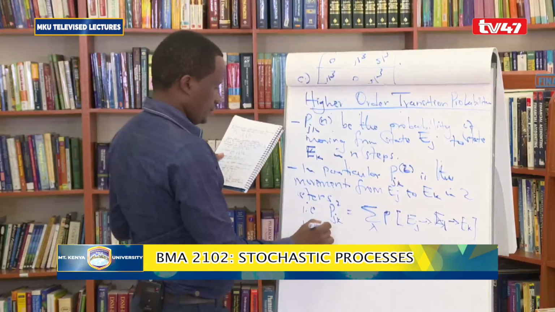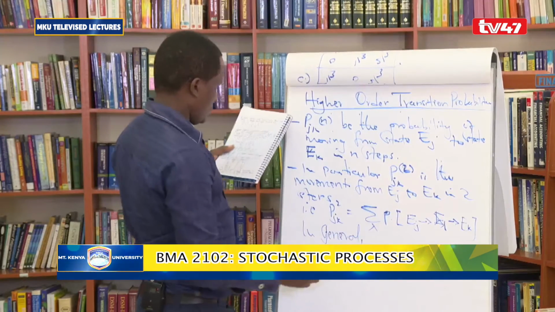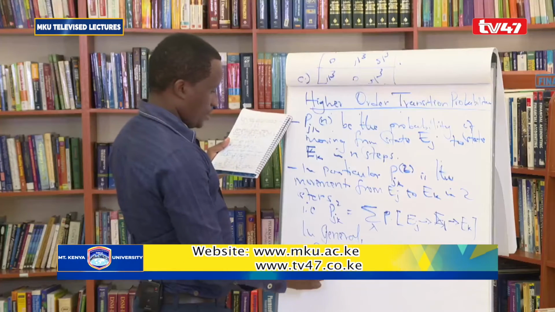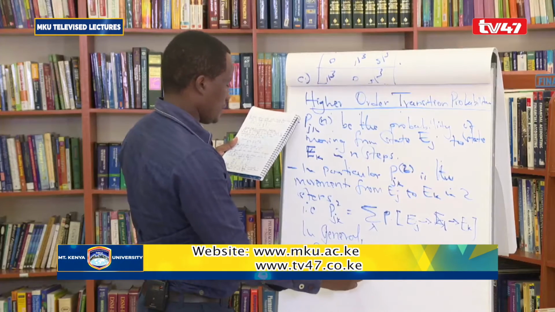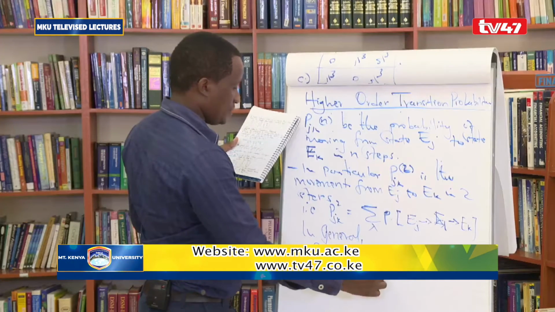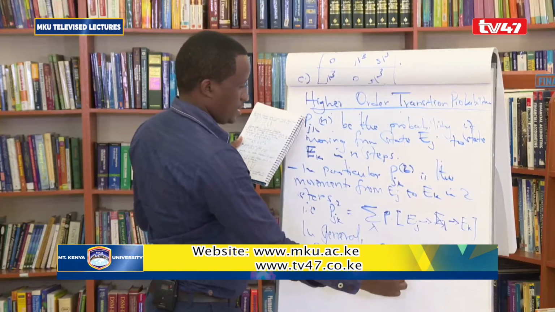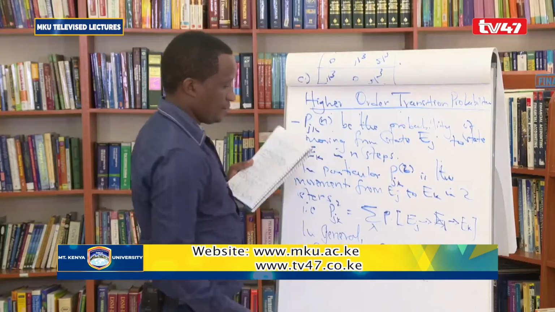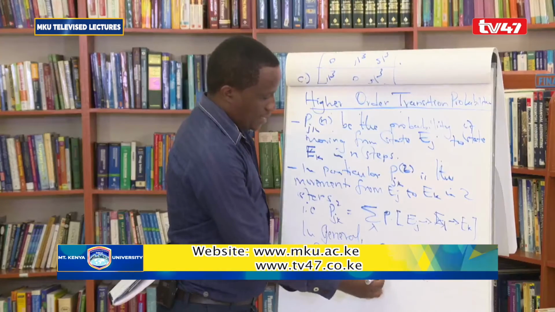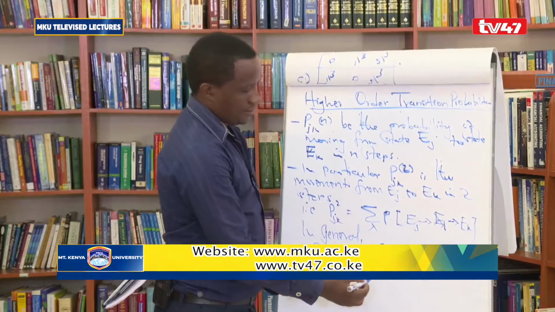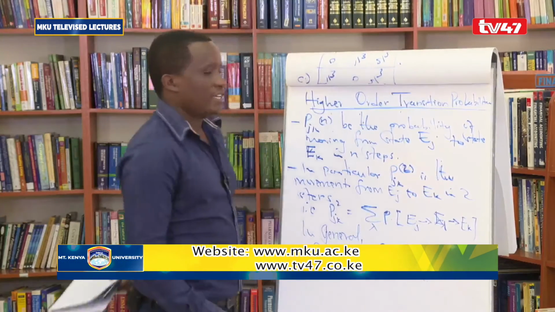In general, p_jk^(n) is the same as the summation over all lambda of p_j,lambda^(n-1) times p_lambda,k, provided you started from j, went to lambda in n minus 1 steps, then at lambda you went to k in a single step.